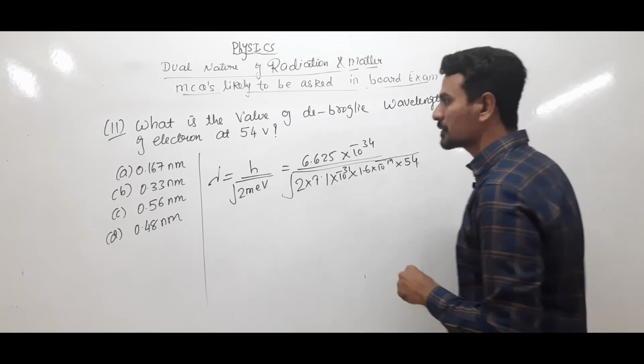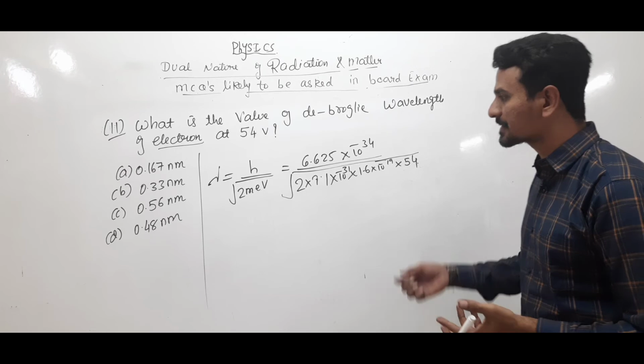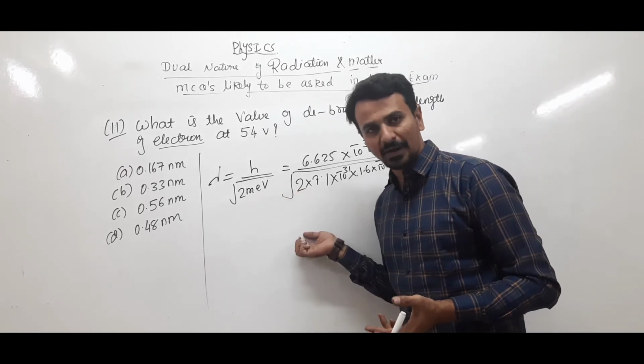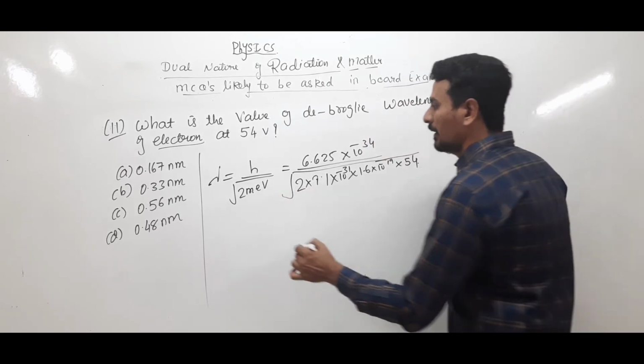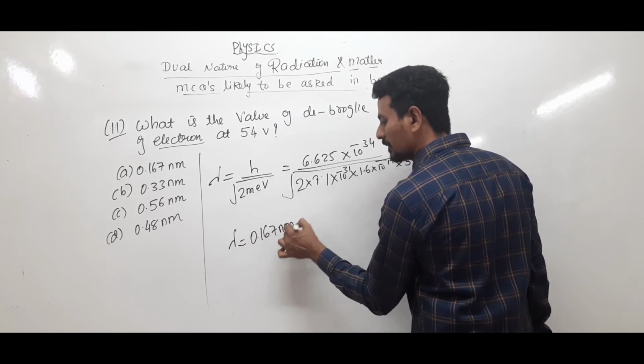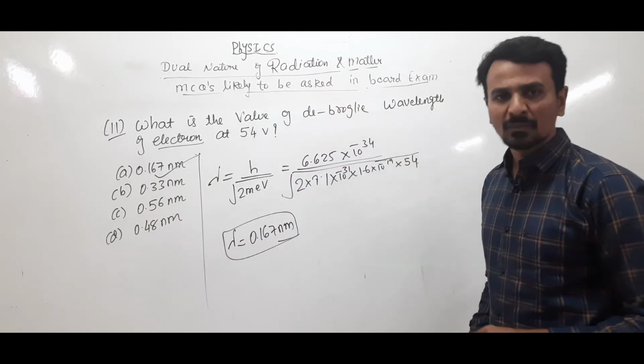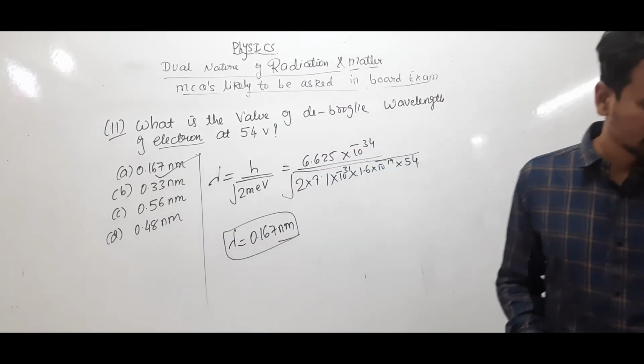They can also ask the de Broglie wavelength of an alpha particle. Then substitute the mass of the alpha particle in place of the mass of the electron. On solving this, you will get 0.167 nanometer. So A is your correct option. Clear? Fine.